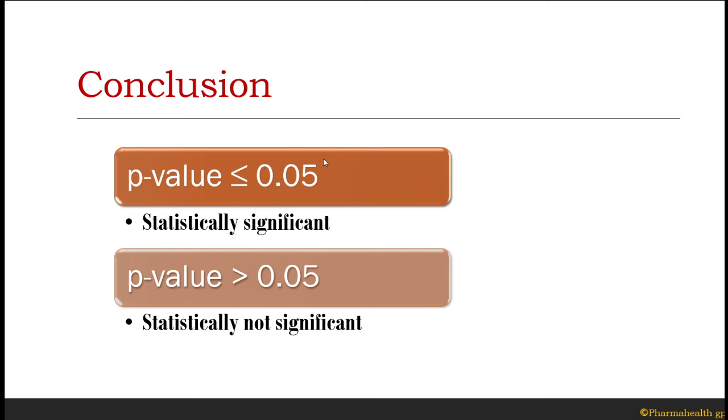So alpha less than or equal to 5% is statistically significant, and alpha more than 5%, or 0.05, is considered statistically not significant.